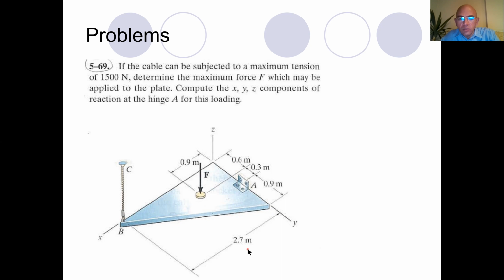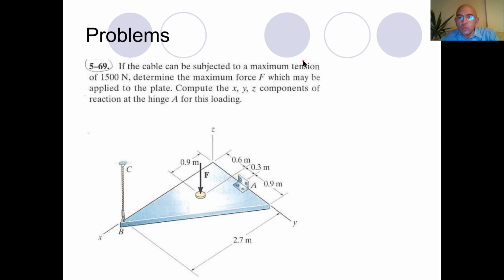It is 2.7 meters long in x direction, and 1.8 meters long in y direction. The location of the hinge is just on the y-axis, and it is 0.9 meters away from the x-axis. The position of the force is 0.6 meters from x-axis and 0.9 meters from y-axis.